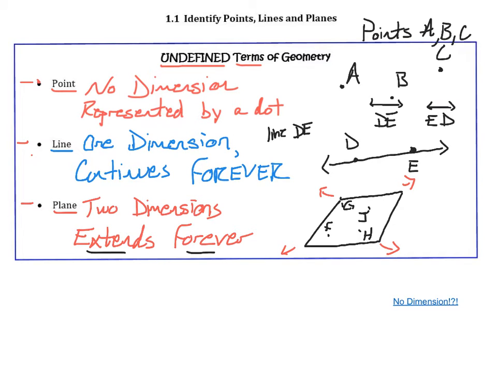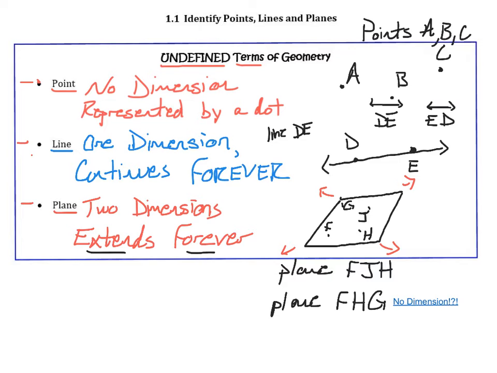You can just use the word plane followed by any three points that are on my plane. So we can use F, J, and H if you want, or we could call it plane F, H, G, as long as you're picking out any 3 points that are on the plane.